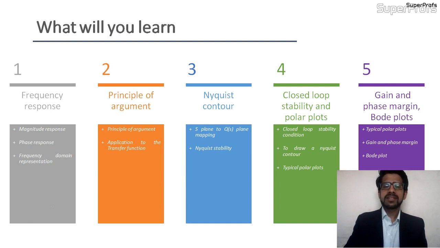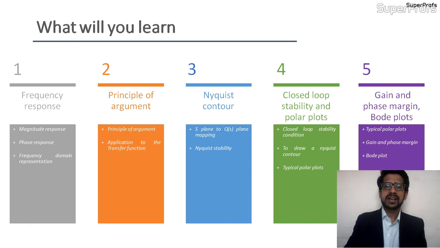After studying the Nyquist contour and the Nyquist stability, we will go towards looking at closed loop stability and polar plots. Polar plots are studied because polar plots are closely interlinked with Nyquist contours.